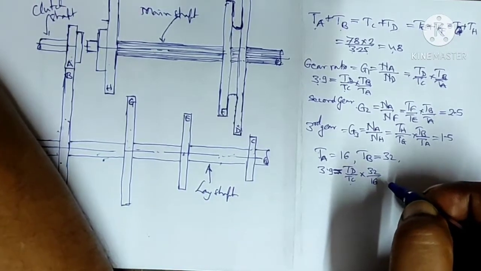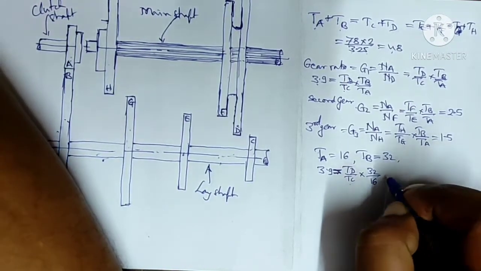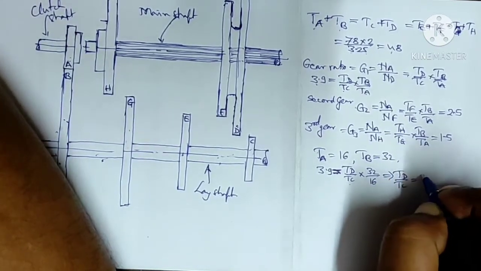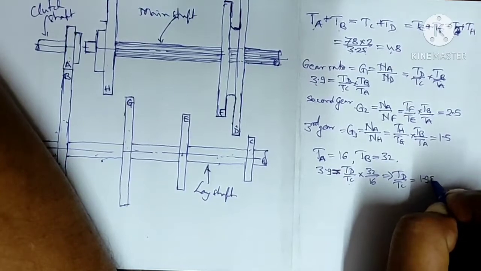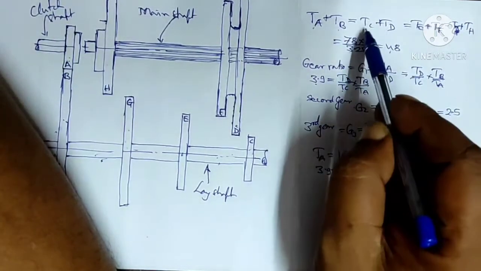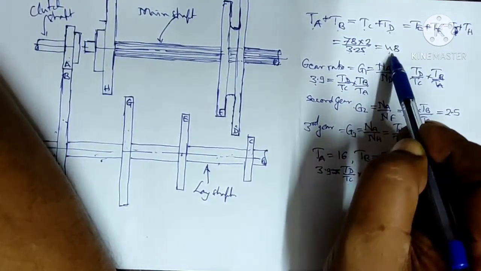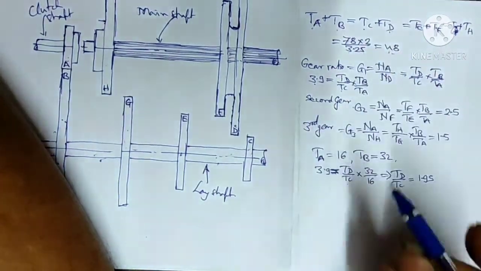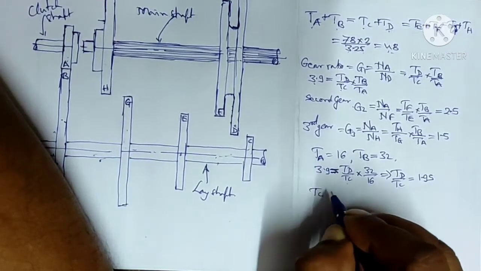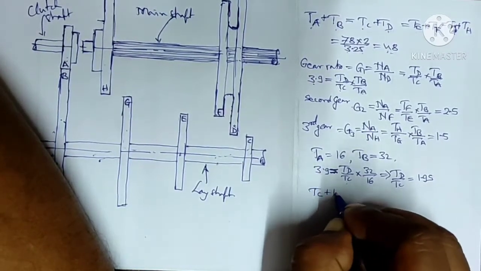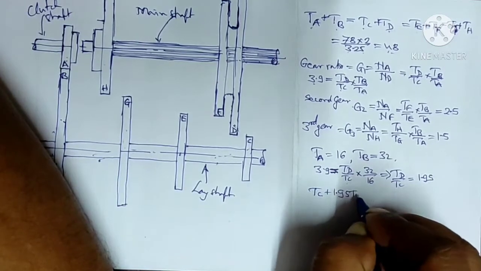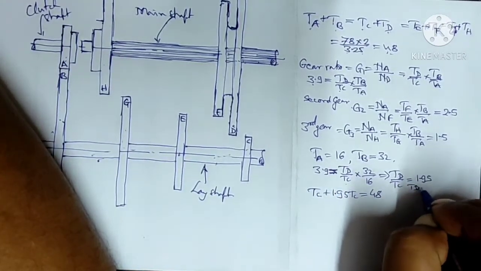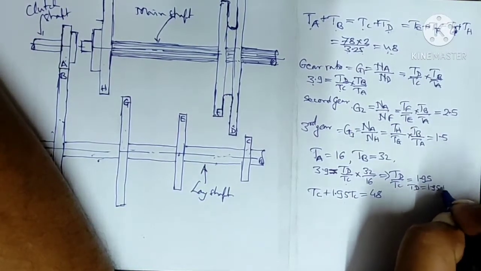So we will get TD upon TC equals 1.95. Now we know that TC plus TD equals 48. So we will substitute the value of TD, so this equation will become TC plus 1.95 TC equals 48. Here we are going to get TD equals 1.95 TC.